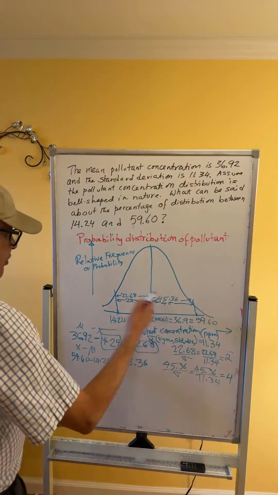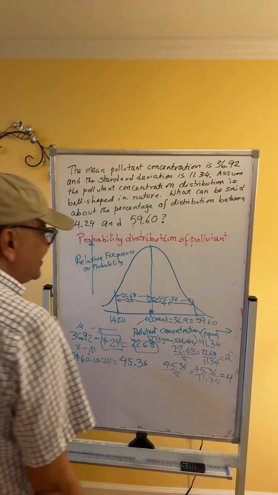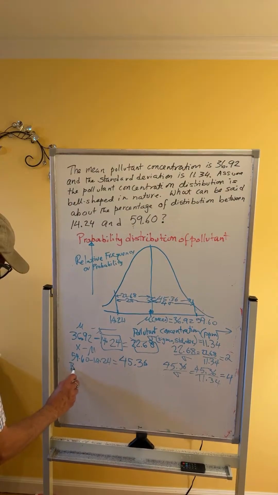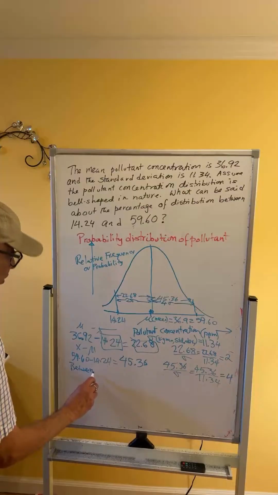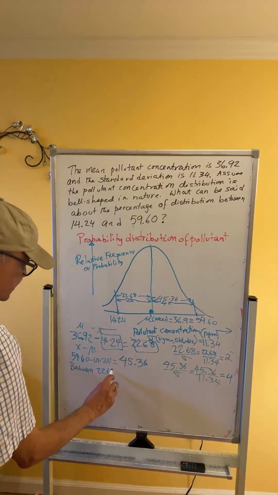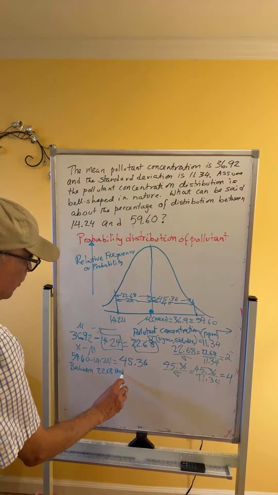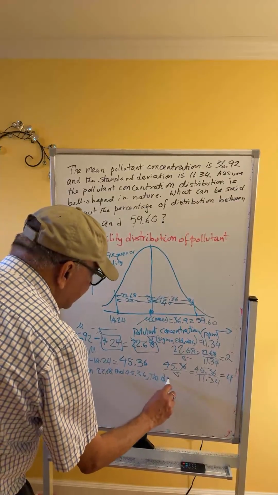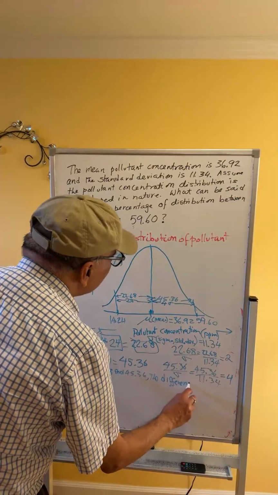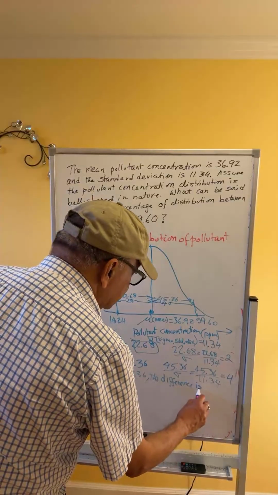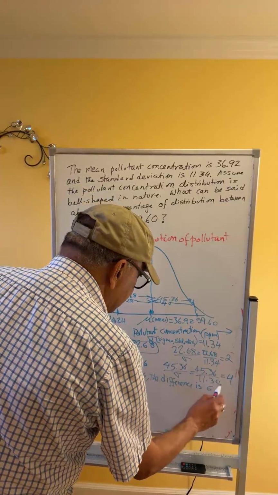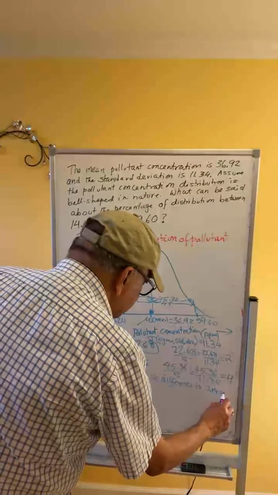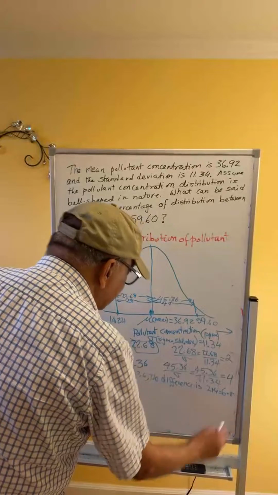So the total distance we are covering is 2 sigma plus 4 sigma, which is 6 sigma.